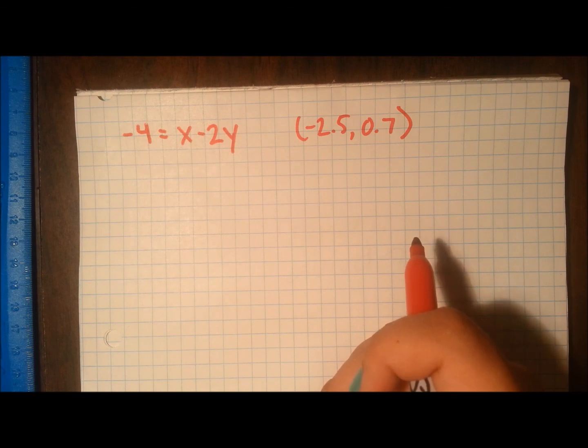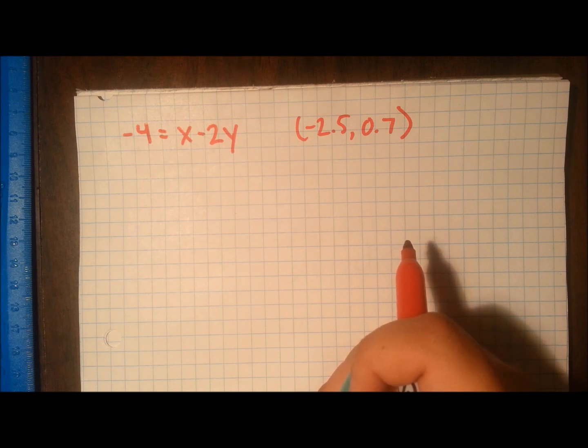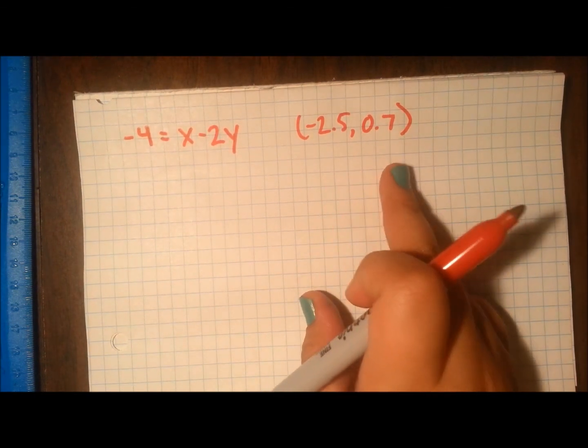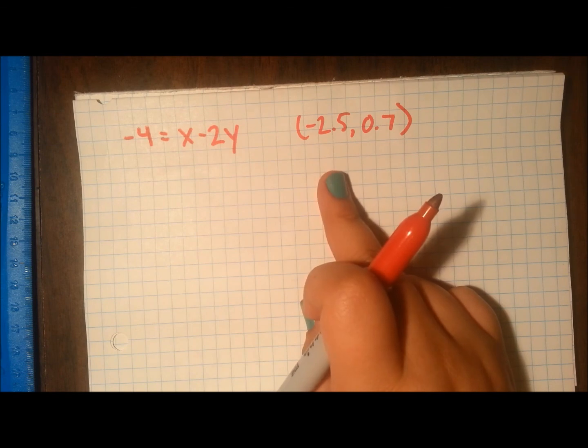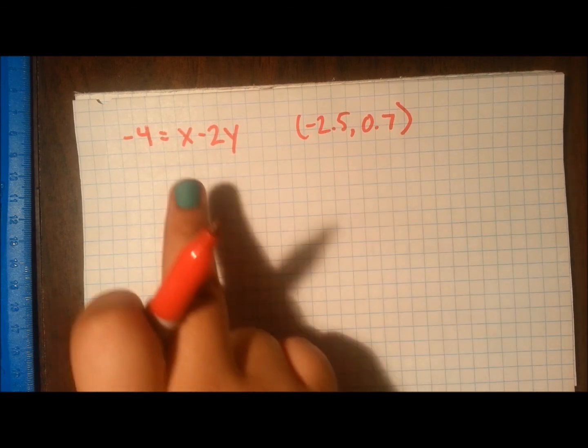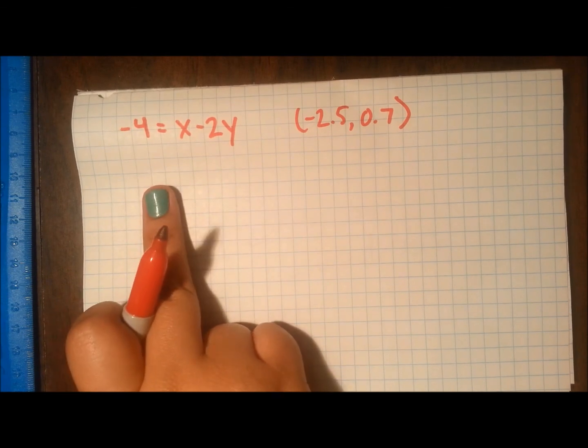And the ordered pair that they give you may look like it's on the line, but it isn't always. So we're going to try to determine whether this ordered pair, negative 2.5, comma 0.7, is part of the line of this equation.